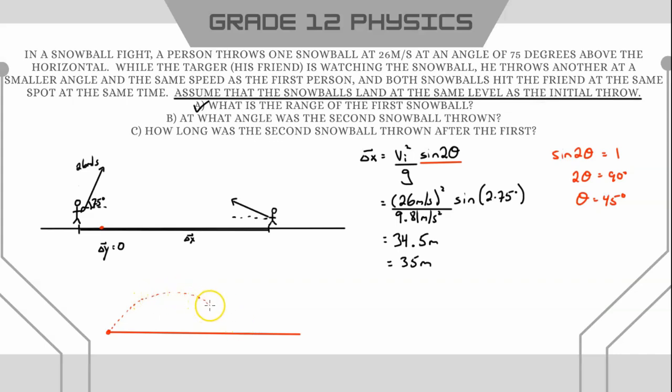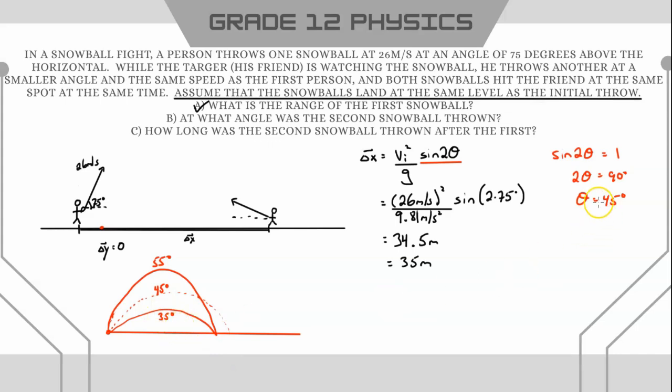And it goes this far. Then if you go 10 degrees above that, so 55, it'll go something like this. Okay, so this would be at 55. This is our max at 45. But then if we go 10 degrees below 45 at 35, you get the exact same range as 55.